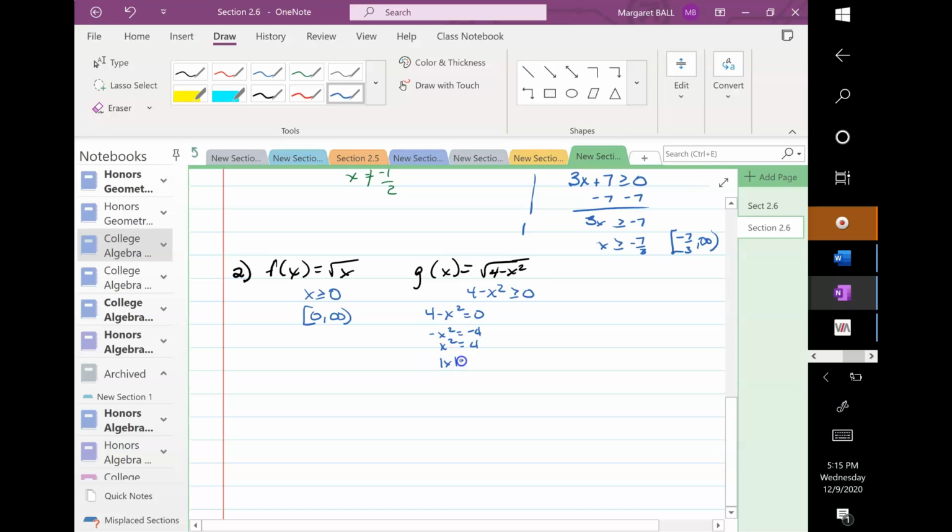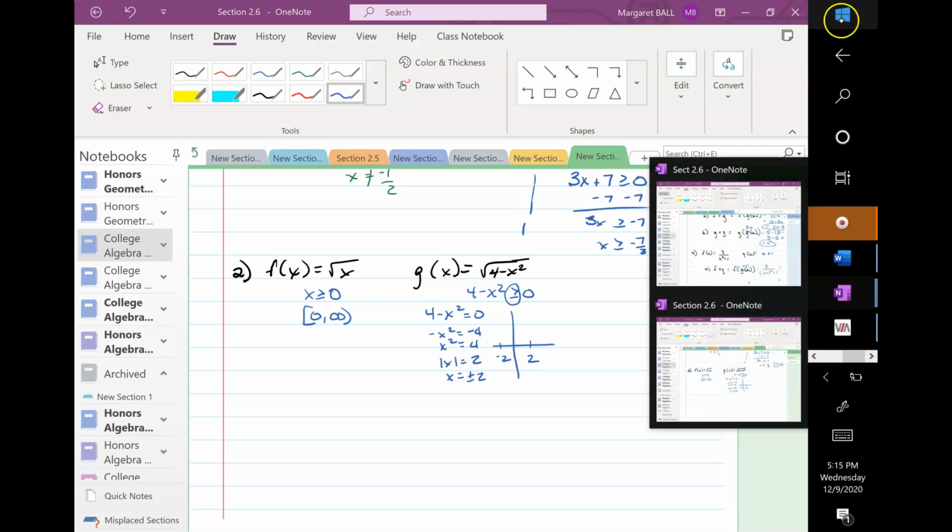So the absolute value of x is equal to 2. So x is equal to both positive and negative 2. So I know I've got critical points at negative 2 and positive 2. So the question is, where is this graph greater than 0? Okay, so let's go to our calculator. I don't think I've got mine turned on yet.